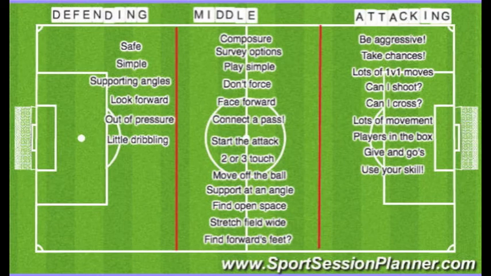So at some point we have to have a mixed balance between containing and being patient, but at the same time knowing and realizing that there is a risk that they are close to our goal. So we have to play solid. We have to go in for the tackle to win. If we're going to go in for the tackle, we got to go in for the tackle to win. There's no other exception, because if you get beat, then we're either numbers down or it's to goal right away and a shot on goal.